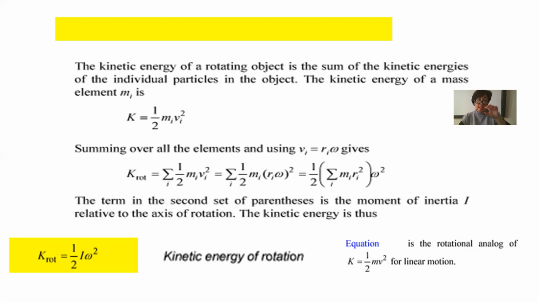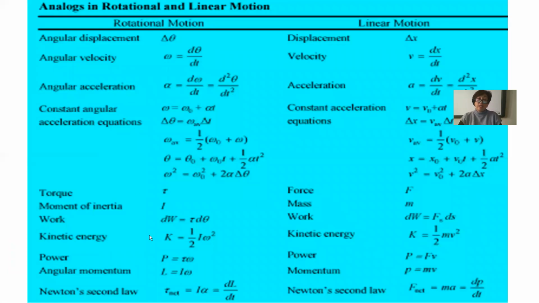Okay, this is a table of analogs between rotational and linear motion, with one column for rotational motion and one for linear motion. The analogies: angular displacement delta theta, and for linear motion delta x.